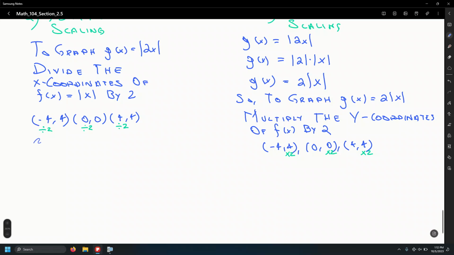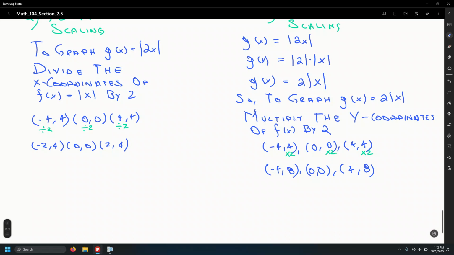So that'll be -2, 4, 0, 0 still, and 4 divided by 2, that's 2, 4 remains the same. And then for the other operation, to multiply by 2, that'll be -4, 8, 0, 0, and 4 times 2, that's 8.